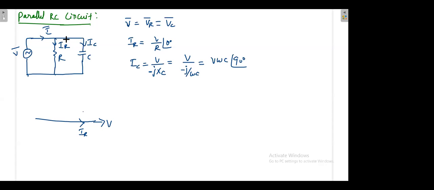Now for IC, the VC is this only, because V is equal to VC, same V only. But whenever you see the capacitor, the current will lead the voltage by 90 degree. That means the capacitor current will go up like this. So this is IC, the capacitor current. Then where will be my I? My I will be common to this one, like this. This is my I, and this is my phi. If this is IC, then this length is also IC. This length is IR, this length is I.